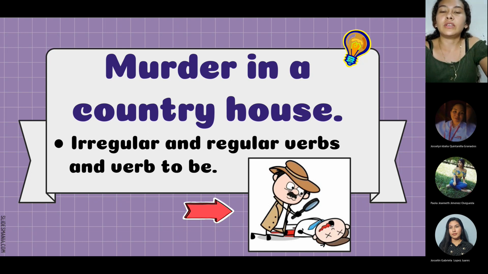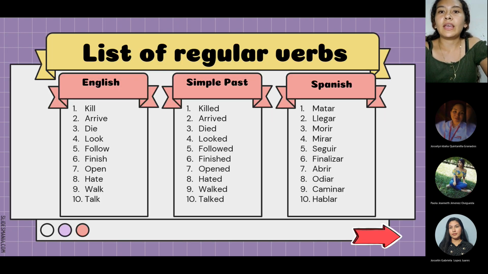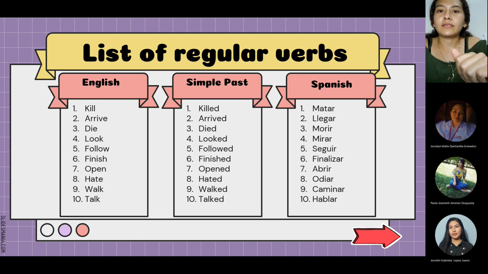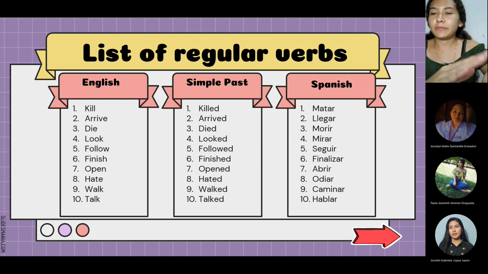In order to continue, we are going to talk about regular and irregular verbs. Here we have a list of regular verbs. We know that regular verbs are verbs that take ED at the end. In case the verb ends with the letter E, we add the letter D at the end. So pay close attention to these verbs because we are going to use them at the end.